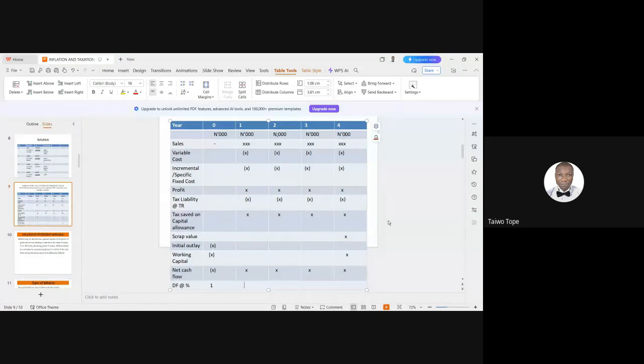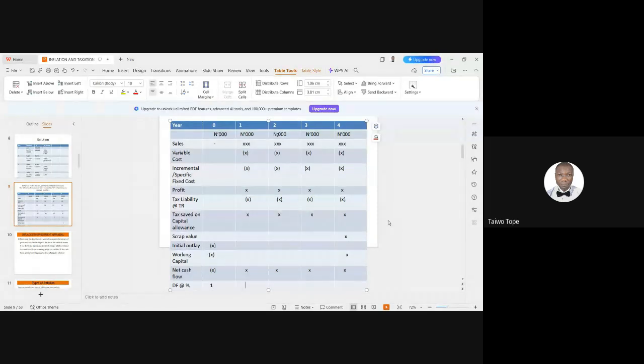So your discount factor in year 1, you know how to apply it. The formula is 1 plus R to the power of minus N. Where you want to use annuity, it will be 1 minus the bracket of 1 plus R to the power of minus N, divided by R. We've shown those formulas over time while introducing NPV and the rest of them.